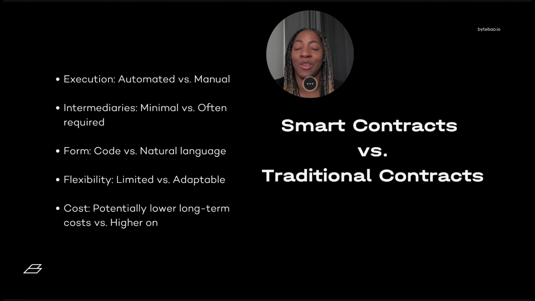Cost. Smart contracts generally are lower cost than other contracts, legal contracts, the types that we're used to. Smart contracts, once again, the initial cost is within the development, it's within the programming and the creation of the smart contract. There may potentially be other costs relating to what we call gas fees.